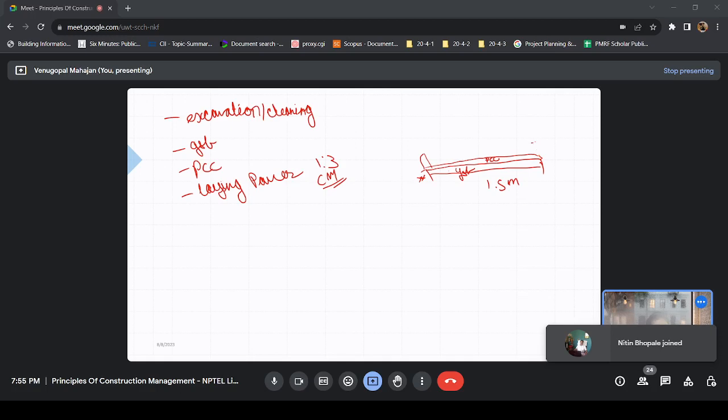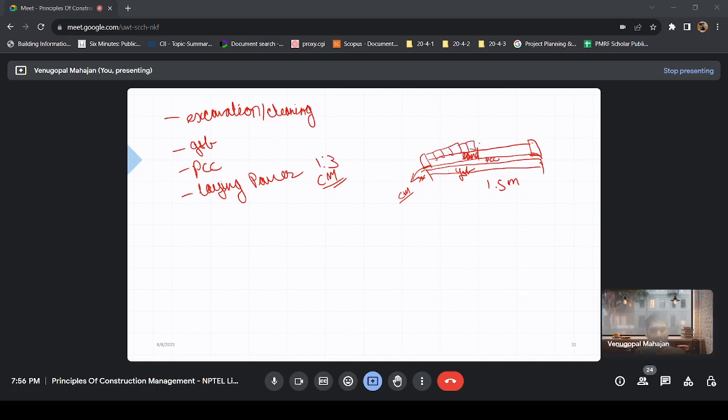But curb stones would be fixed in cement concrete, right? Here some mortar has to be there. Then for laying the pavers there has to be some sand base here, and then you have got interlocking pavers.